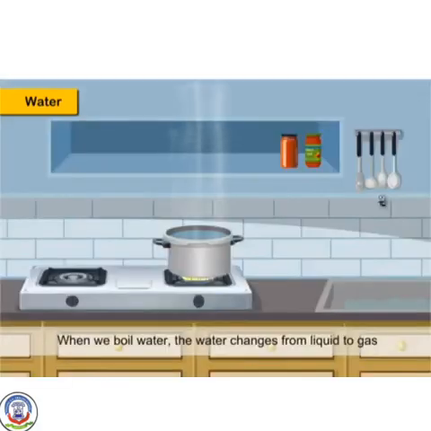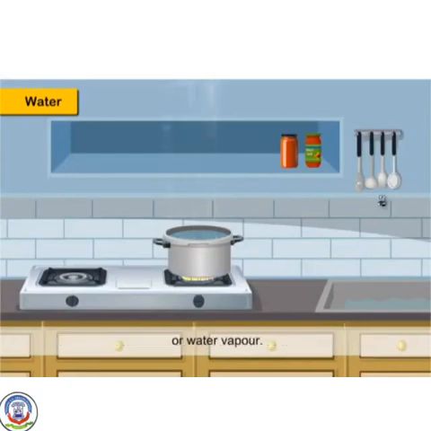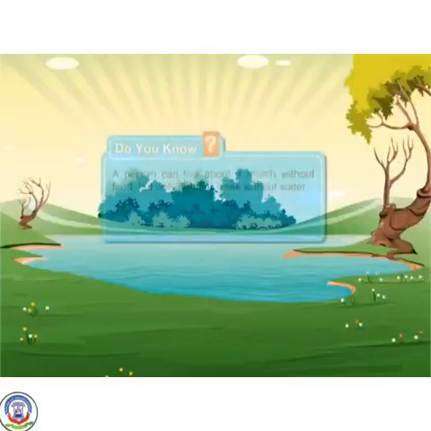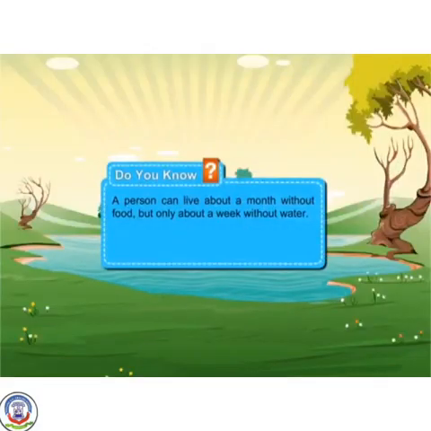When we boil water, the water changes from liquid to gas or water vapor. Water as a gas or vapor is always present in the air around us, but we cannot see it. Do you know? A person can live about a month without food, but only about a week without water.